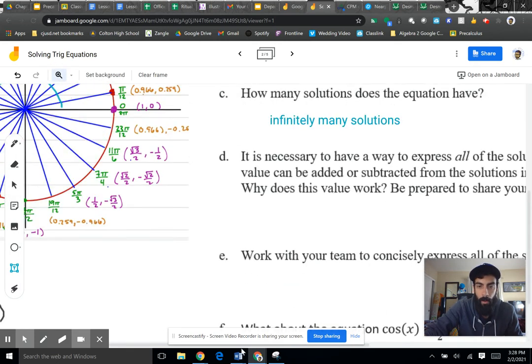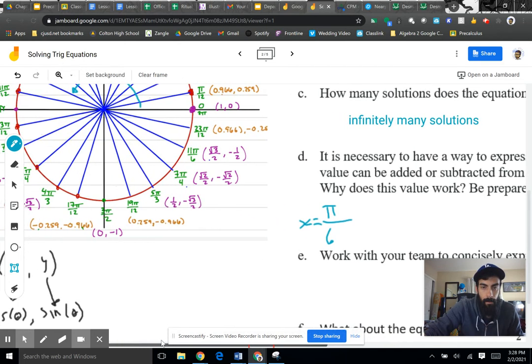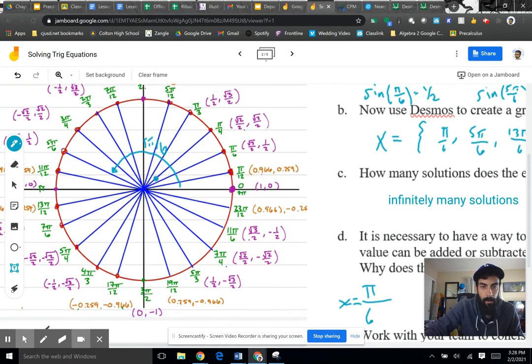And we want to know what value can be added or subtracted from all of the solutions to get the next ones. So our first one is pi over 6. It's our first solution. We want to know what we can add to this to get the next solution. Let's look back at the unit circle. We have our first solution at pi over 6, which is right here.